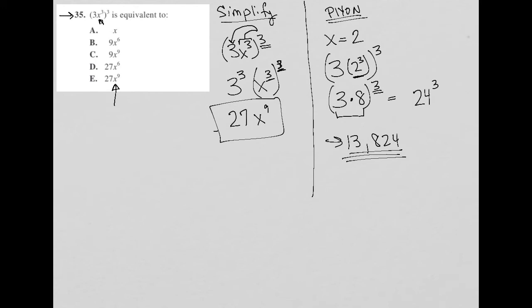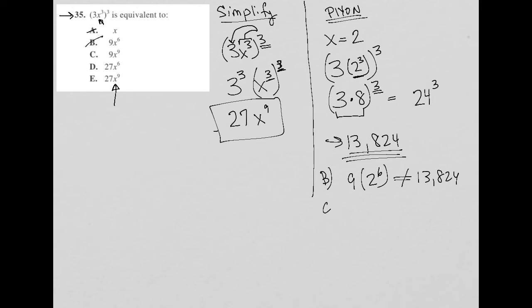So obviously A will not do that for me, but let's try B. So B would be 9 times 2 to the 6th power. So again, we do that in the calculator. You can take 2 to the 6th power, which is 64. You multiply that by 9, and I get 576. So that does not equal 13,824. So B is gone.